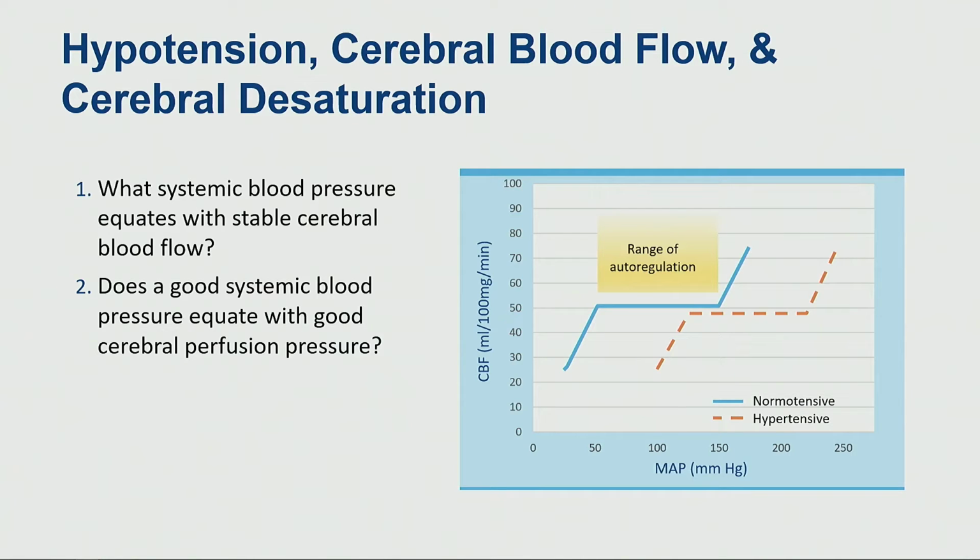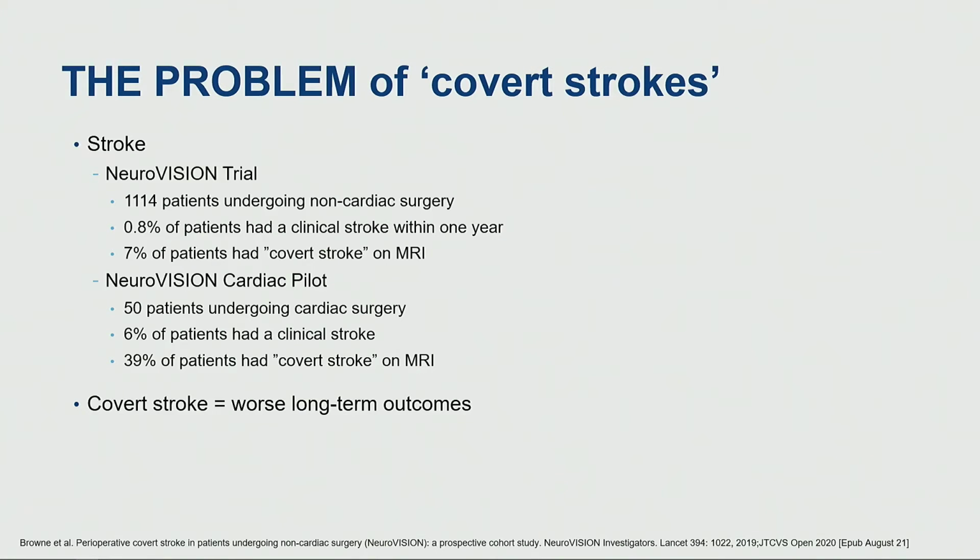Now, yes, there is clinical gestalt, like, oh, my patient had a MAP of 85 before he or she came to the ICU, I'm going to try and keep my MAP at 85. But as we all know, it is not easy keeping high MAPs in the ICU. That is also a separate issue. This is where the concept of understanding hypotension, macrohemodynamics, cerebral blood flow, and cerebral desaturation all comes together.